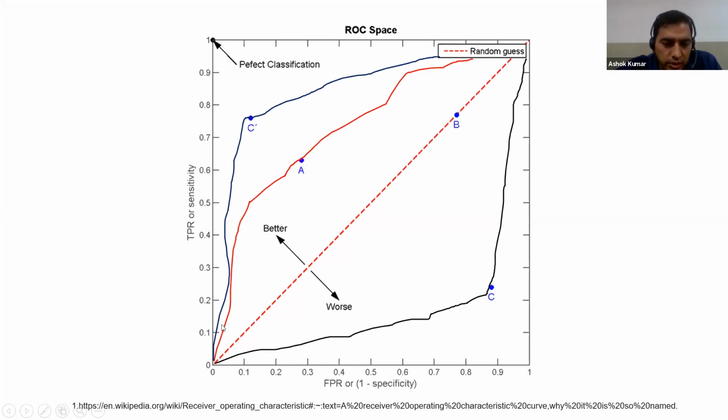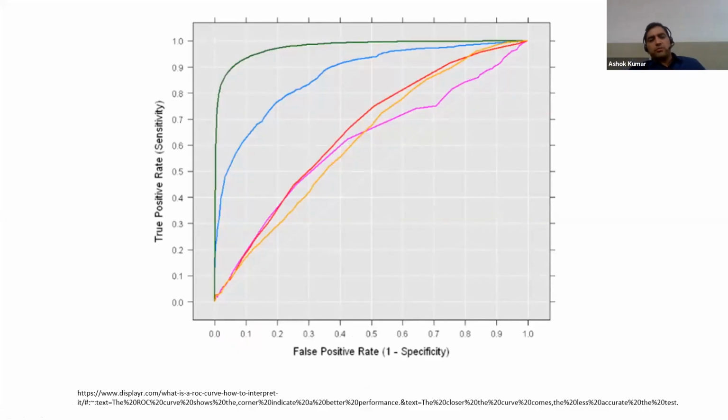You can see there are two curves, curve A and curve C. You can see which is better: C is better than A at detecting disease positivity or negativity. So this is an ROC curve with different tests, and we can compare them for detecting a disease. You can see here yellow, purple, red, blue and green colors.